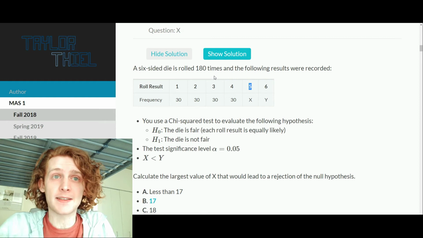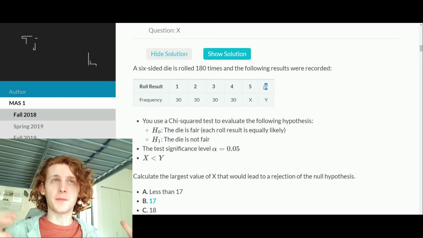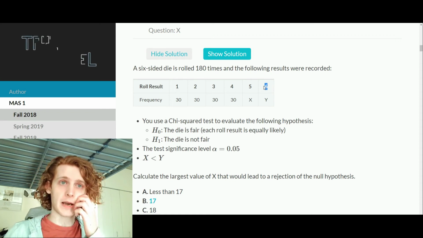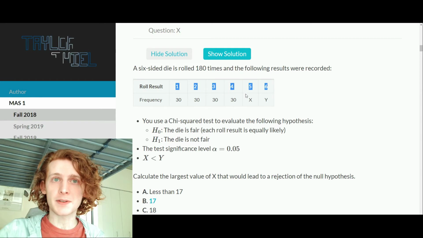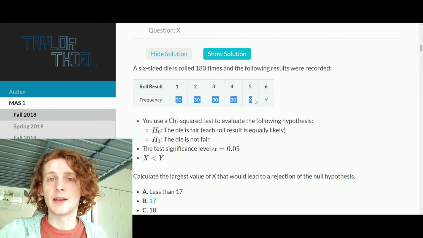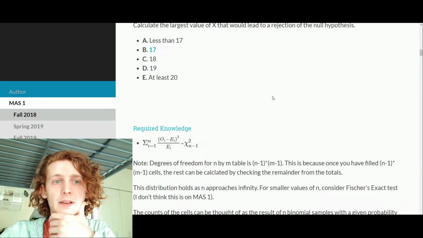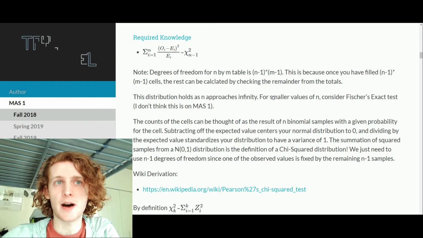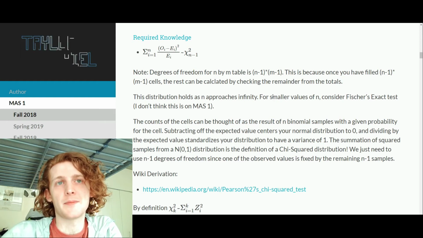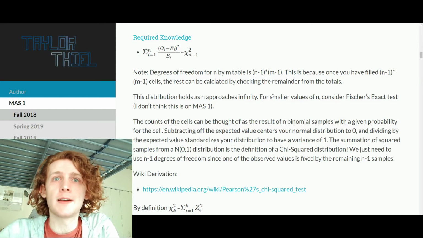Since that's the case, we're not actually going back to that binomial sampling that we're talking about. You're not actually getting 6 different samples. You're only sampling from 5. And that's because this 6th one is just predetermined. So again, not actually doing a formal proof, but just conceptually why the degrees of freedom is going to be n minus 1 for this table.